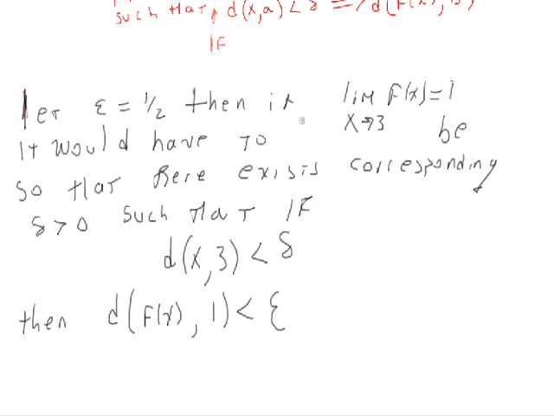Of course, we chose epsilon to be a half here. So this is saying that in order for the limit of f of x as x approaches 3 to be 1, there would have to exist a corresponding delta greater than 0, that's what the definition says, such that if the distance between x and 3 is smaller than delta, then the distance between f of x and 1 is smaller than epsilon.